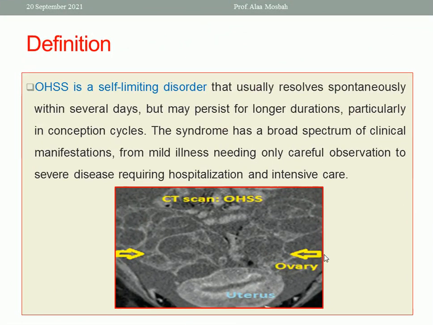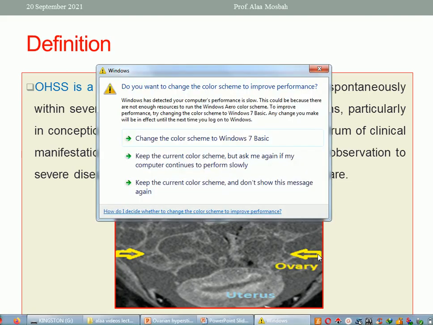This syndrome is self-limiting, usually resolving spontaneously within several days, but may persist for a longer duration, particularly in a conception cycle. So if ovarian hyperstimulation happens and pregnancy occurs in this cycle, this increases the severity of the condition, makes it more prolonged, and may change it from mild to severe.